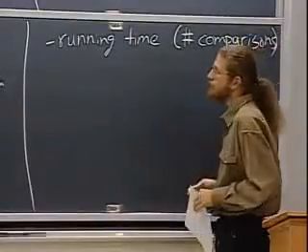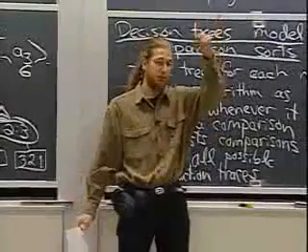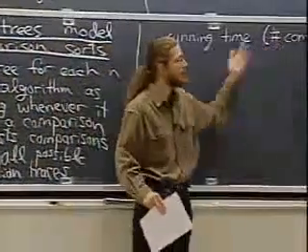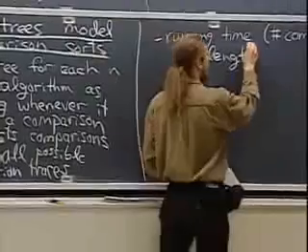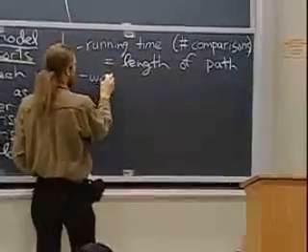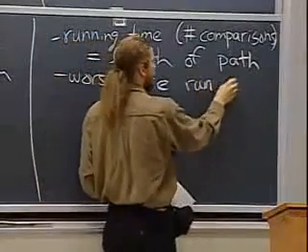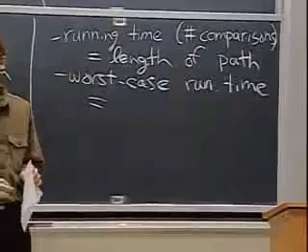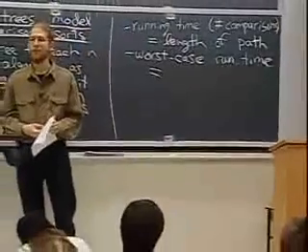So this decision tree represents all possible executions of the algorithm. If I look at a particular execution, which corresponds to some root to leaf path in the tree, the running time, or the number of comparisons made by that execution, is just the length of the path. And therefore, the worst case running time over all possible inputs of length n is going to be n minus 1?